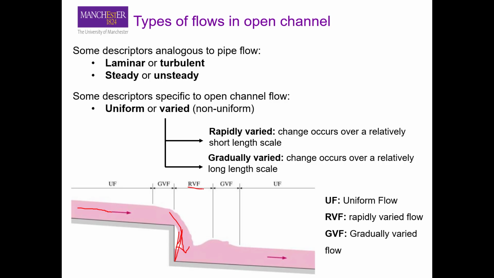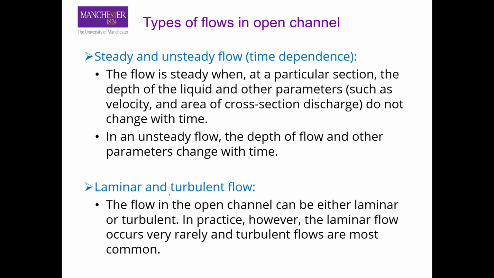So you have a rapidly varied flow, but the effect of this drop is also going to propagate upstream, where you have a slight increase in velocity over a larger length scale, and that is what we call gradually varied flow. Okay, we will look at these in more detail in the coming slides.